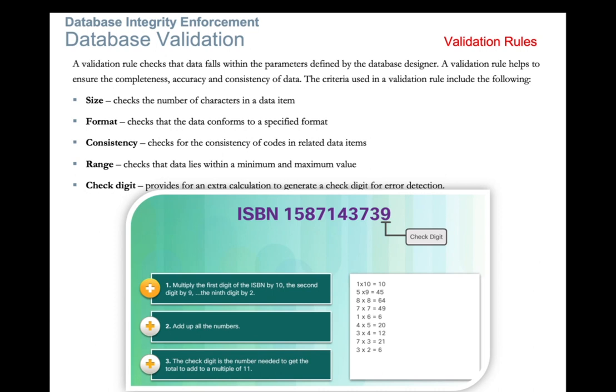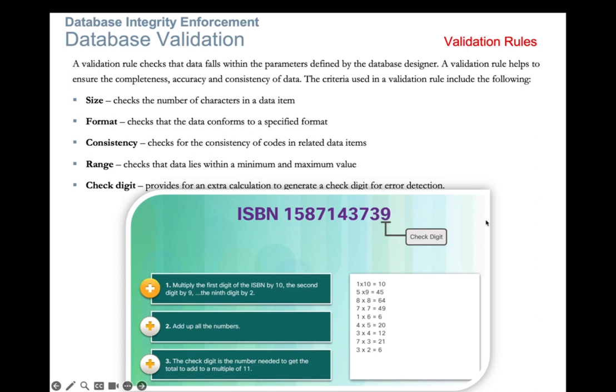So in this example, you can see the first for ISBN, calculating the check digit for a 10 digit ISBN. So how does it happen? To check this digit, the ISBN number is 158714373.